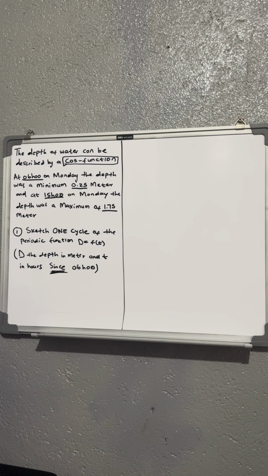So it means 6 o'clock is going to be our starting point. And if 6 o'clock is our starting point, what was happening at 6 o'clock? We had a minimum of 0.25. It means our graph is going to be starting at minimum.